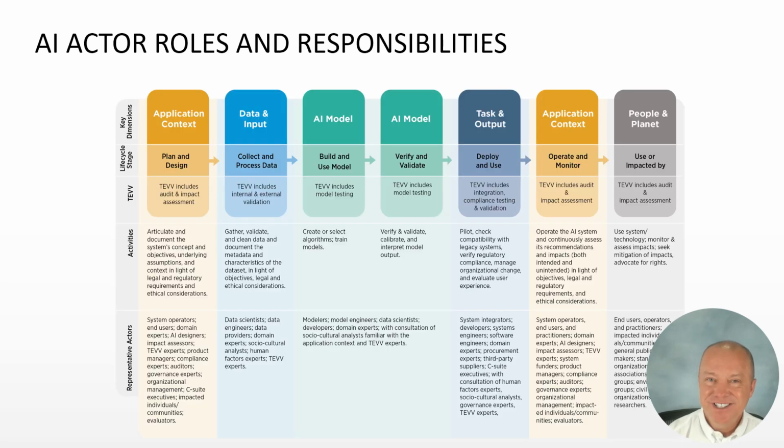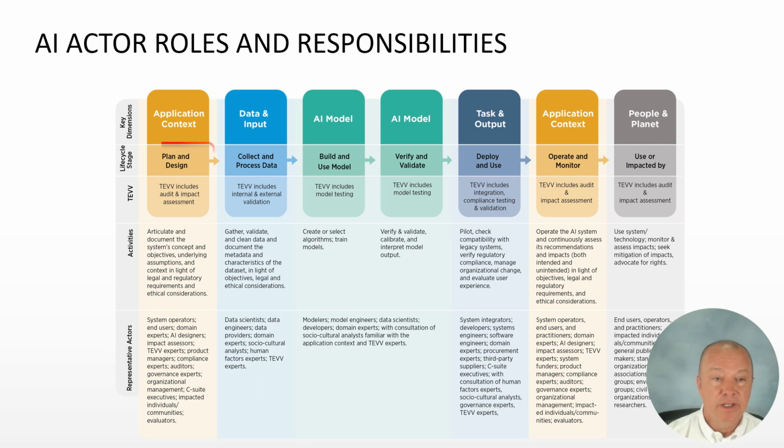So NIST also provides in the AI Risk Management Framework Playbook a really handy roadmap of AI development and adoption. It actually also includes roles and responsibilities that need to be assigned and performed at each sequential phase of that roadmap.